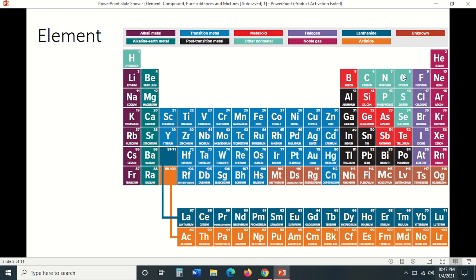So oxygen, carbon, and hydrogen forming together are common elements found in compounds. And then nitrogen is also found in ammonia, or NH3.